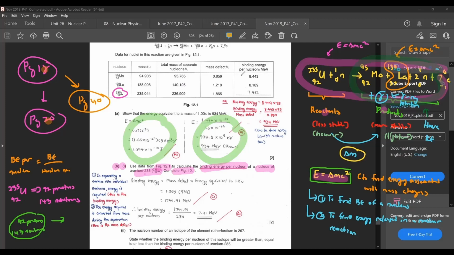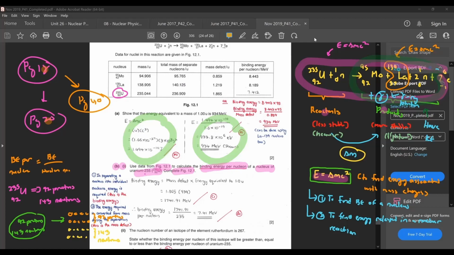You're supposed to split it out into a number of individual nucleons like this. So you're supposed to get 92 protons and then 143 neutrons. Okay, right?